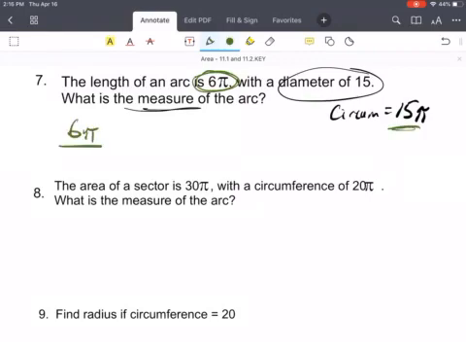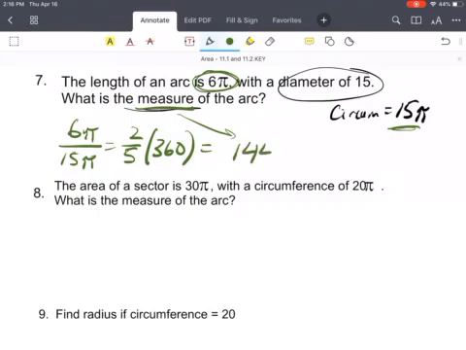So what is the fraction? 6 pi over 15 pi tells me that I'm dealing with 2/5 of the circle. And I'm dealing with 2/5 of a total of 360 degrees, which gives me the measure of 144 degrees.